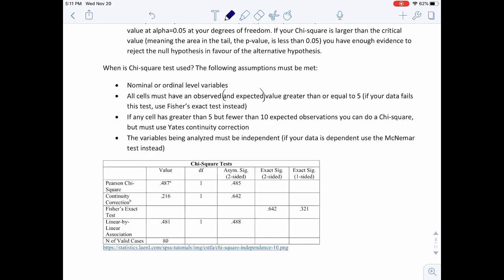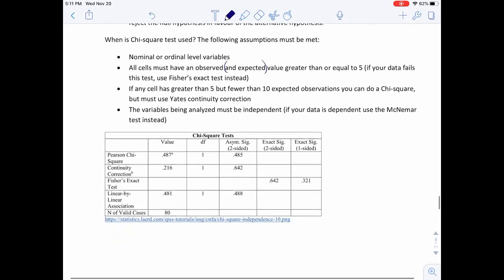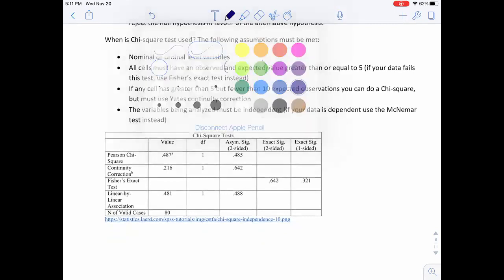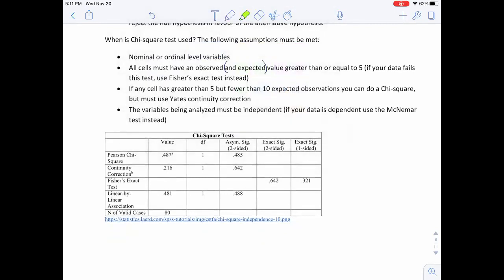Your p-values are all these guys, right? Depending on, I didn't do a very good job highlighting those, but a chi-squared with Yates continuity correction is a chi-squared with a little extra, right?